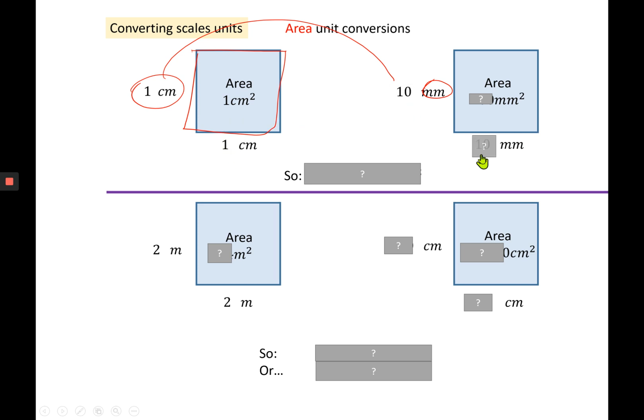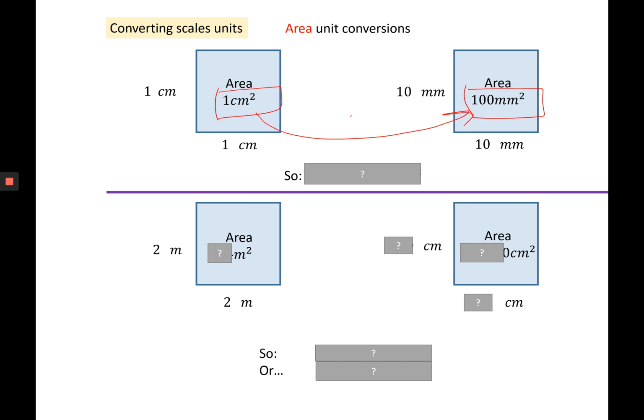And the same for this side, because it's a square, the same length. That means that the area of this square here, which is the same as the area of the square here, is going to be 100 millimeters squared. So the area scale factor, you can see it's multiplied by 100. So 1 centimeter squared is 100 millimeters squared.